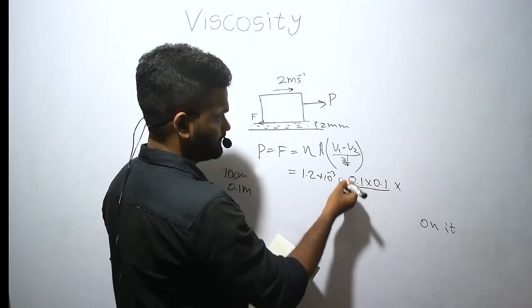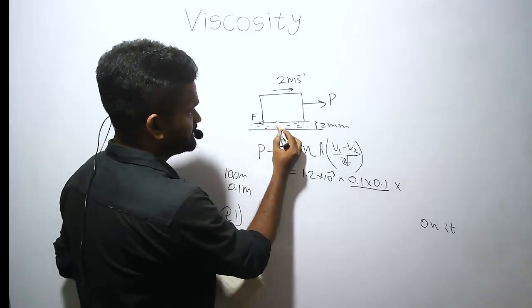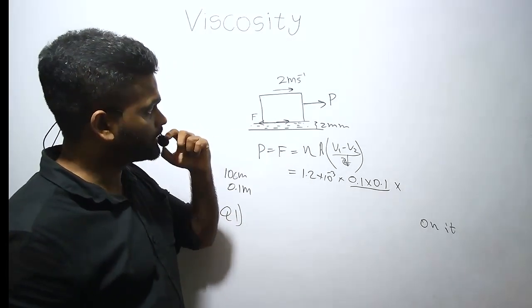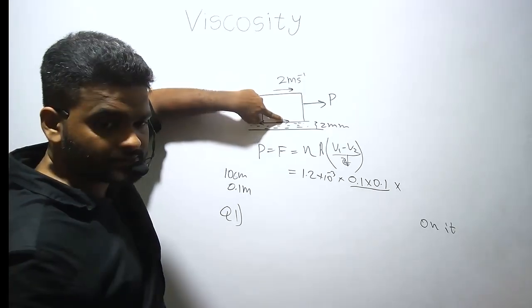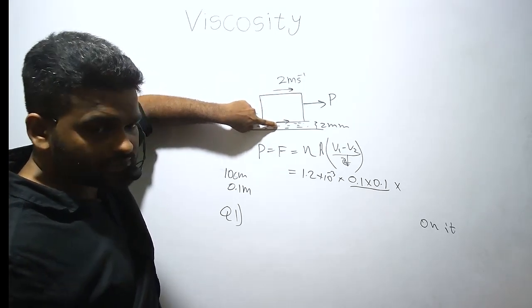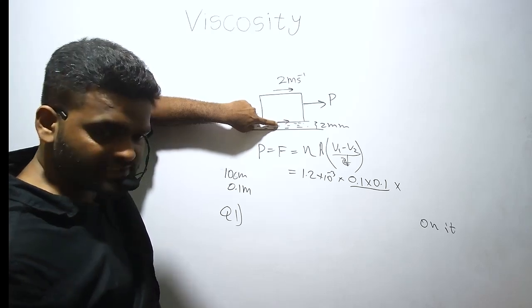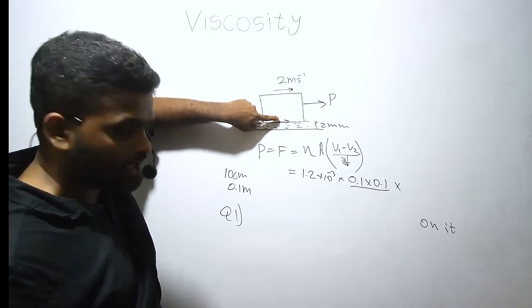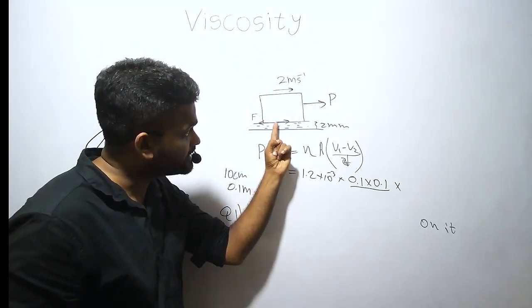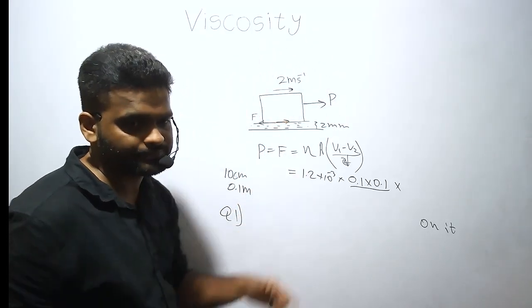Then the velocity. What's the velocity here? Do you remember? This is a solid surface. The liquid layer in contact with the solid surface has the same velocity as the solid surface. So the solid surface has 2 meters per second, and so does the liquid layer in contact here.